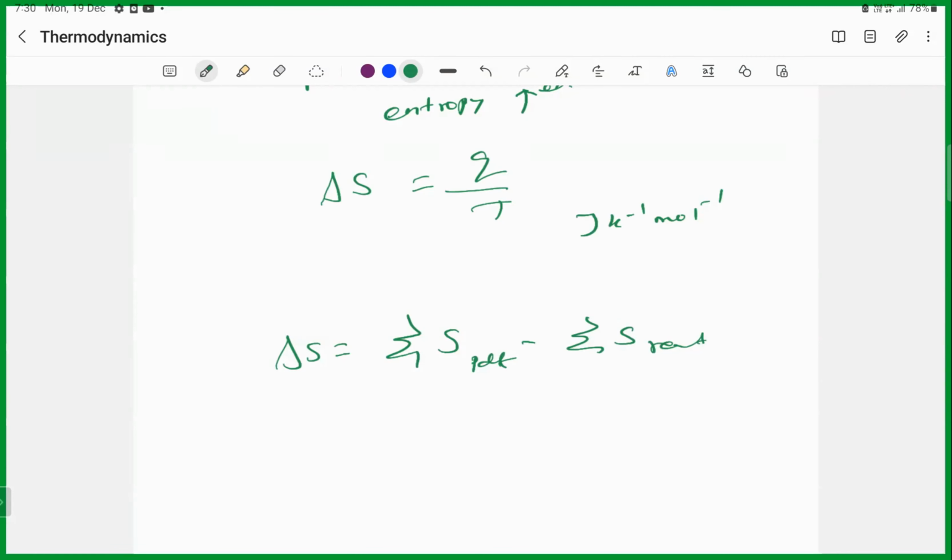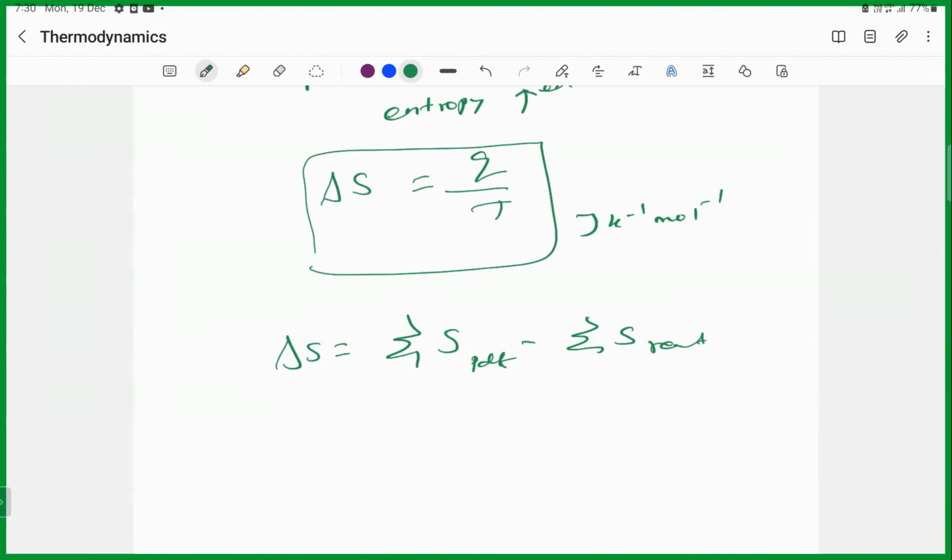So entropy increases with increase in temperature. At standard state, 25 degrees and 1 atmosphere, the entropy is called standard entropy. The change of entropy can be measured using the formula delta S equal to Q reversible by T, where T is the temperature and delta S is the change in entropy.